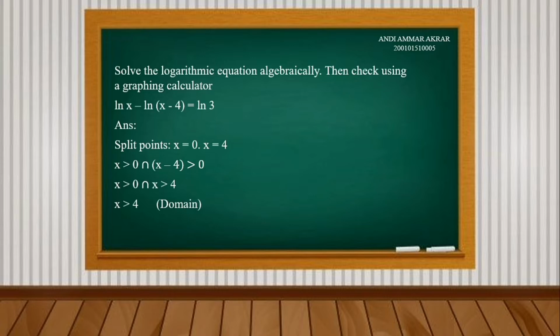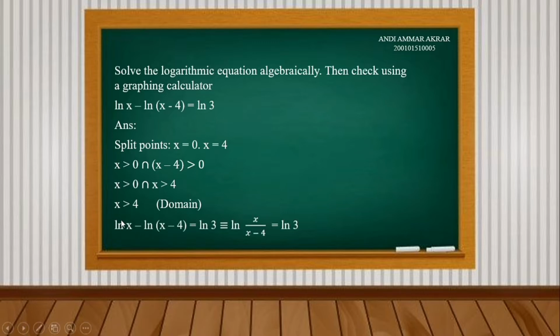Back to our problem, which is ln x minus ln (x minus 4) equals ln 3. We can actually change the form to a simpler form by applying one of the properties of the natural logarithm. Now look in here.